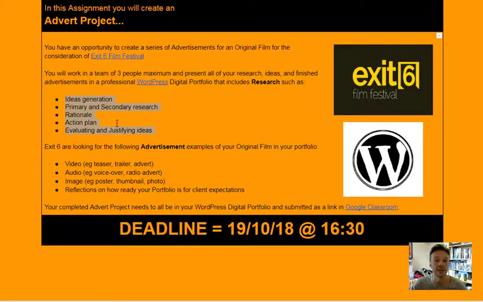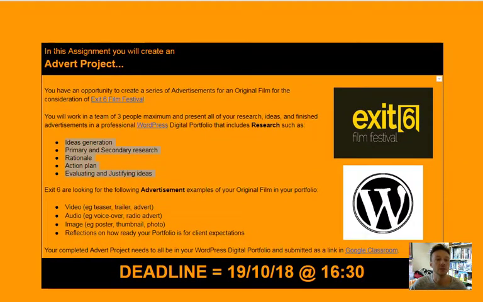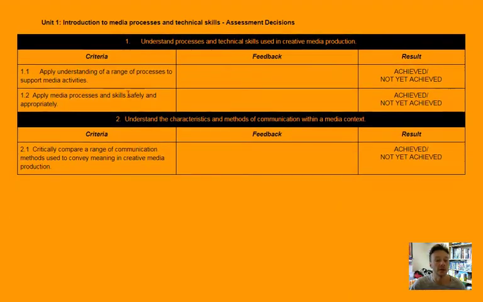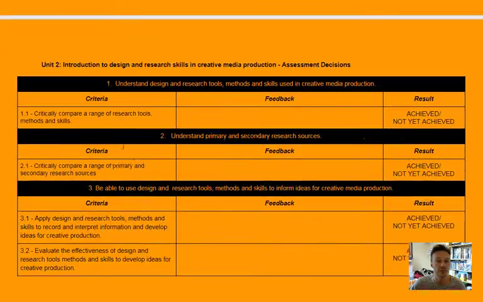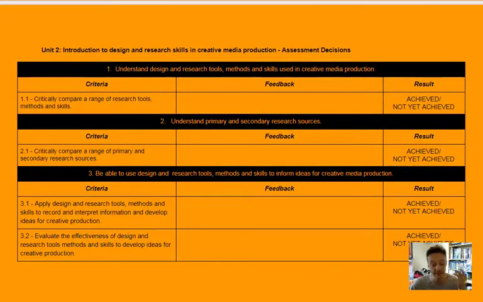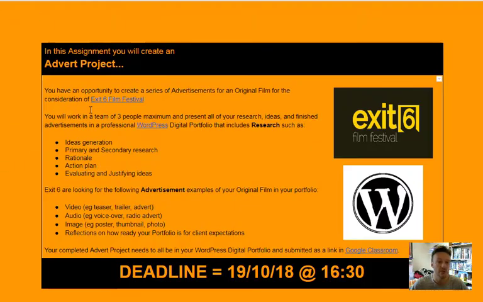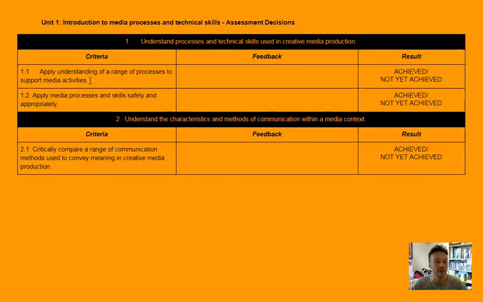I think you're getting the idea now. If you follow this, then you will satisfy the criteria which is listed underneath for us to look at when we're marking your work. Just wanted to show that to you here in this video tutorial so you can see transparently exactly how we're going to be marking your work. If you do this, then you will have achieved this criteria here.